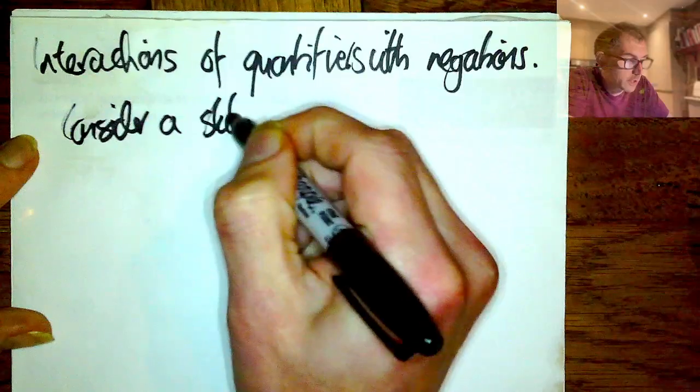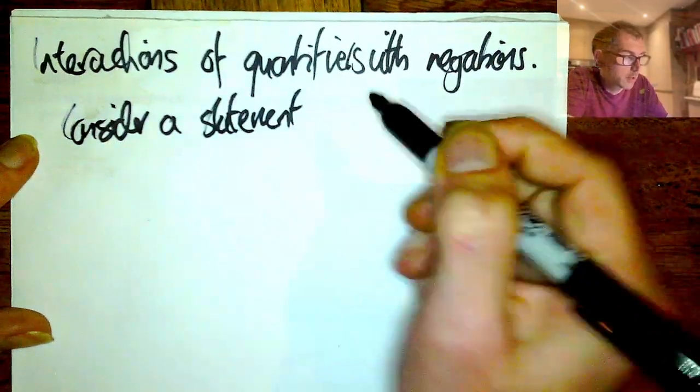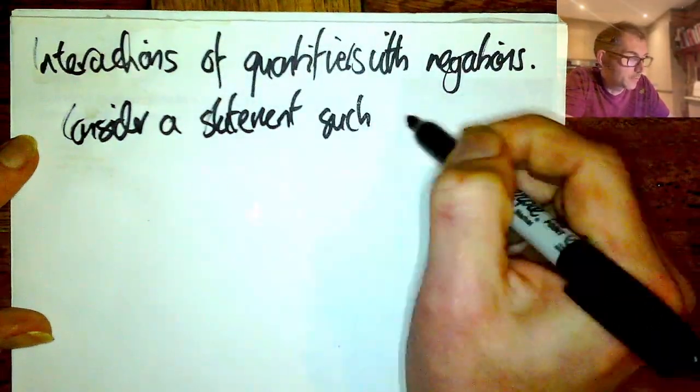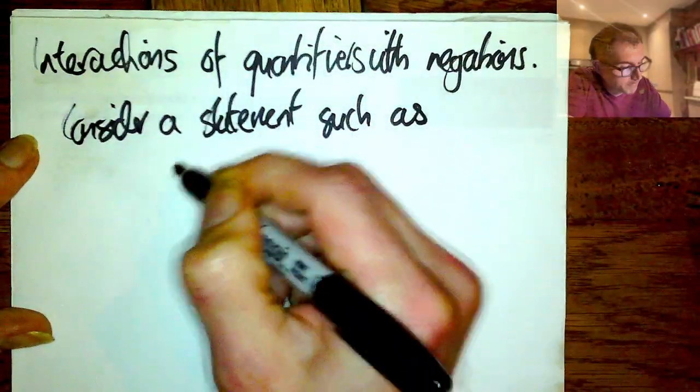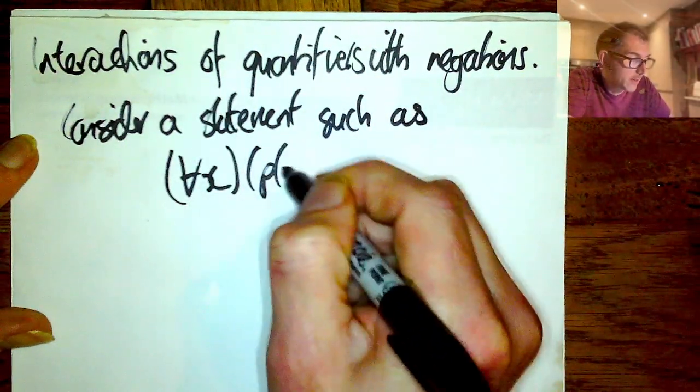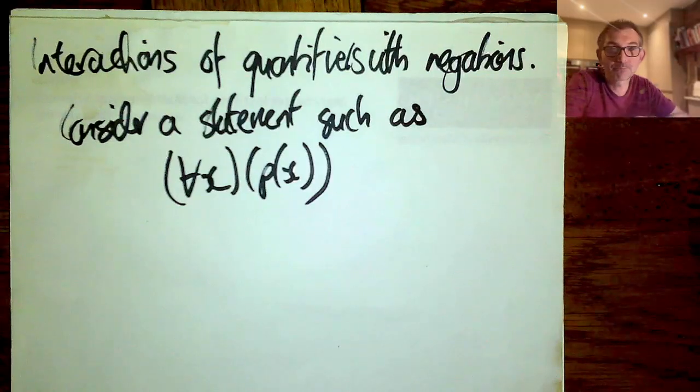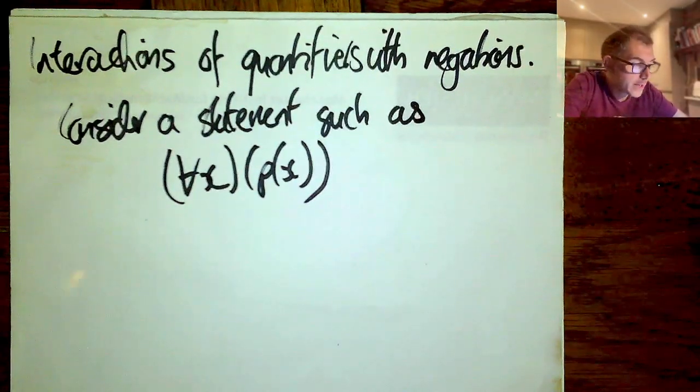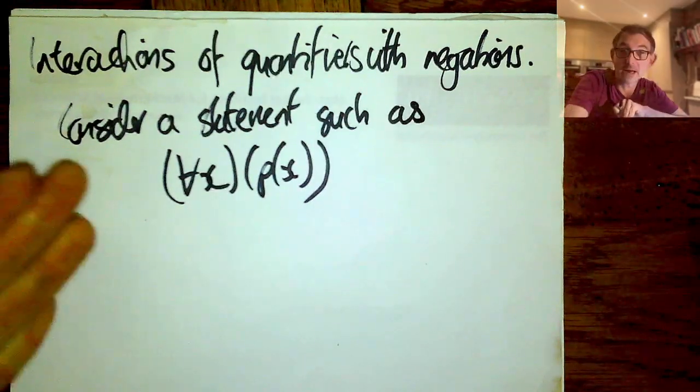a statement such as for all x, p of x. There are many statements like this. If you want to say something about all integers, then it is going to have that format.